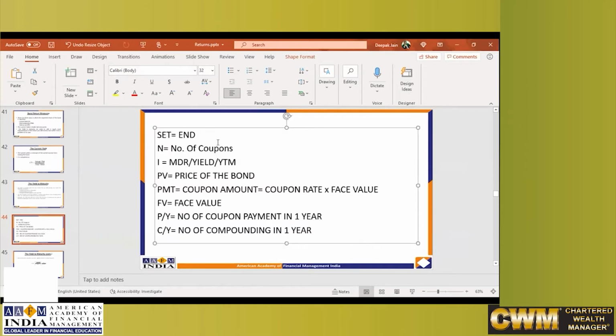So this is how you will use the compound function to calculate the bond values or bond IRR or whatever. So the input values remain the same, but their meaning in case of bonds is different, right?